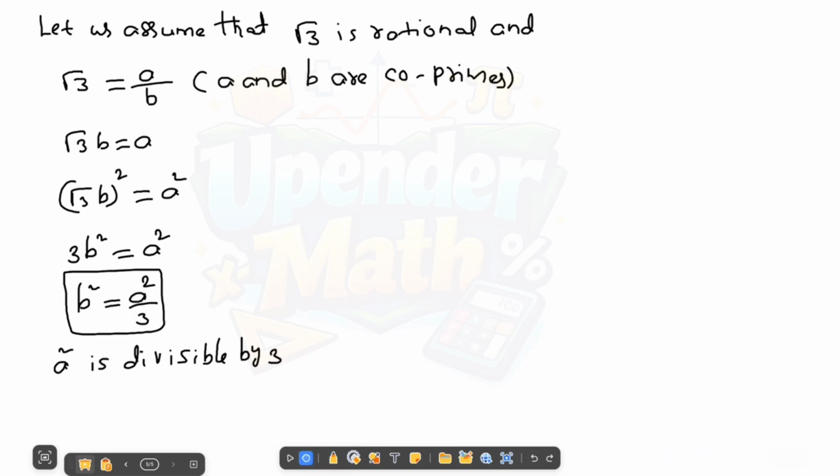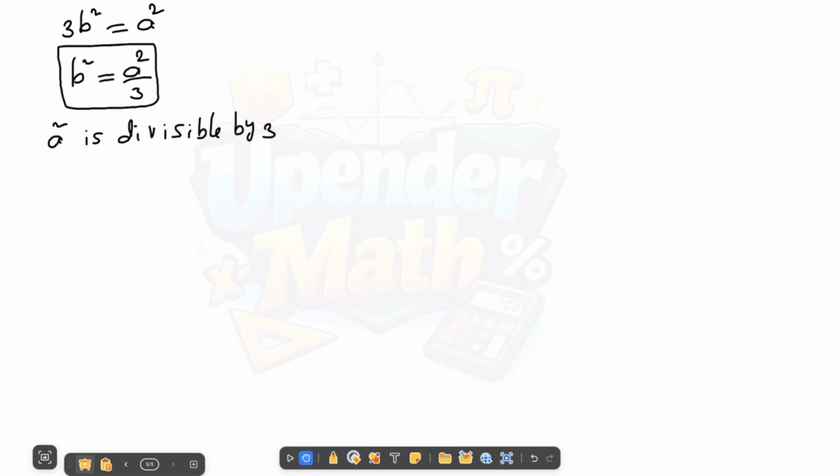So when a square is divisible by 3, a is also divisible by 3. A will be divisible by 3.